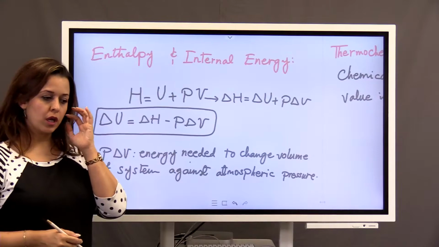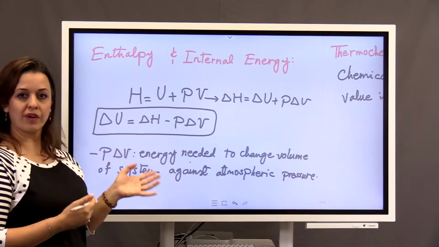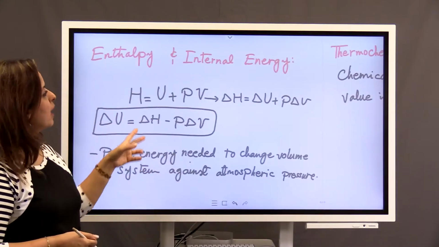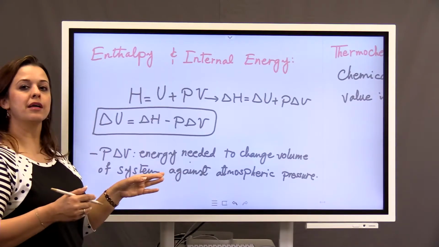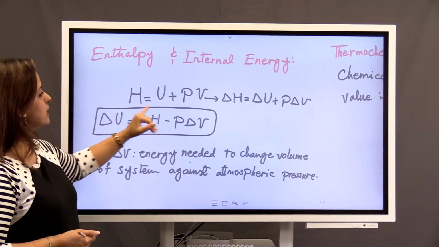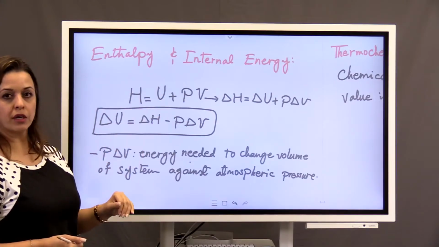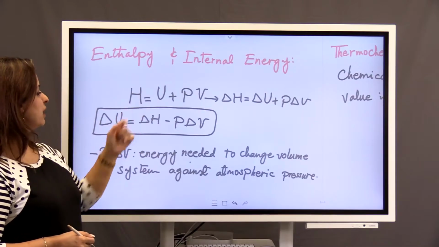Another formula, based on the law of conservation of energy, or the first law of thermodynamics, is the relation between enthalpy and internal energy. Don't forget, internal energy, we said, is the sum of potential and kinetic energy. So this is the formula that shows the relation between enthalpy and internal energy. H is U plus PV. What is PV?